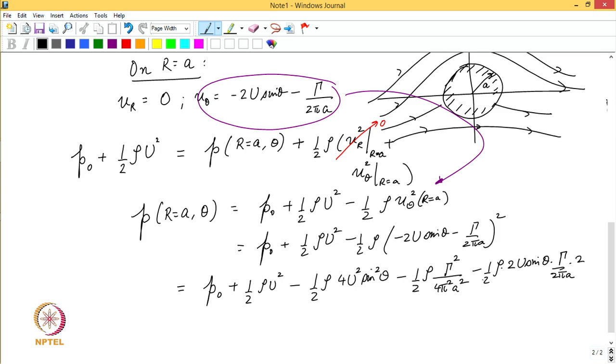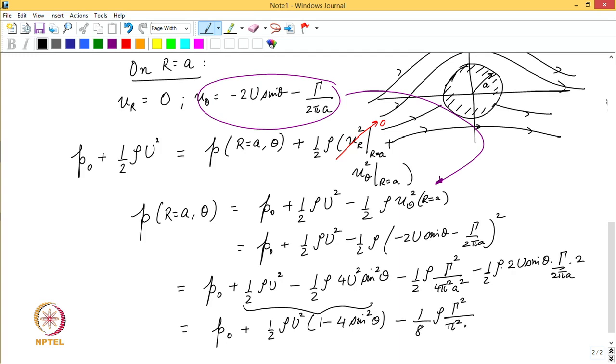which would give us, well, there is a rho u square term common here. So, I could combine this as P naught plus half rho u square 1 minus 4 sin square theta. We have an additional term which is minus 1 by 8 rho gamma square by pi square a square, and then finally, we have a 2 cancelling here and 2 cancelling there.